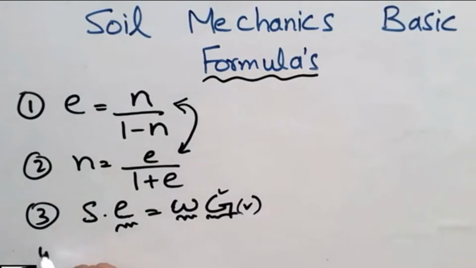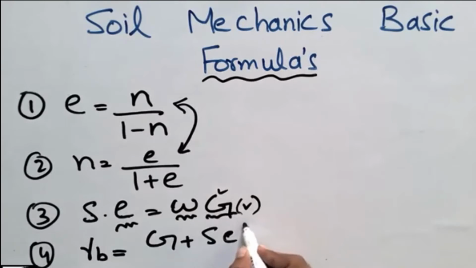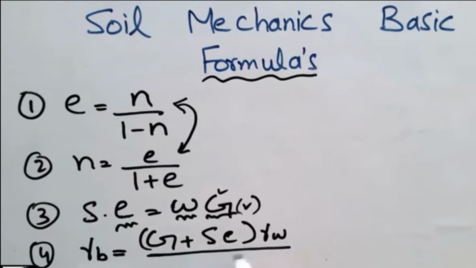The fourth one is gamma = (G + S·e)·gamma_w / (1 + e). Here gamma is the bulk unit weight, G is the specific gravity of the soil, and S times e, the degree of saturation multiplied by the void ratio, is added inside the bracket.